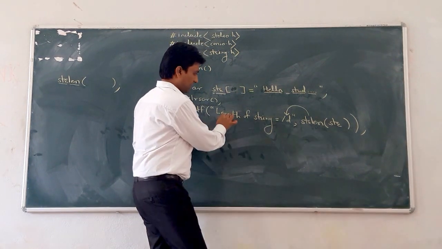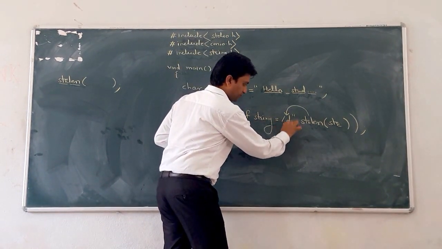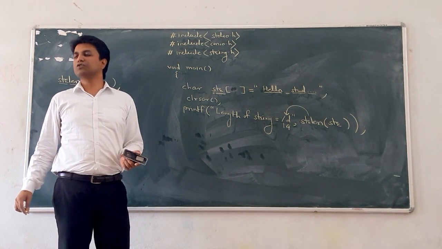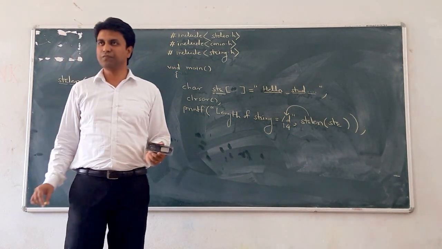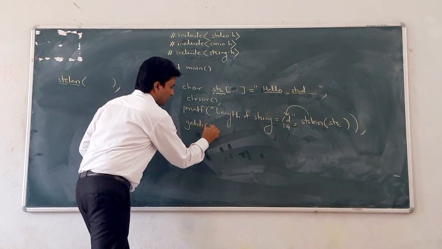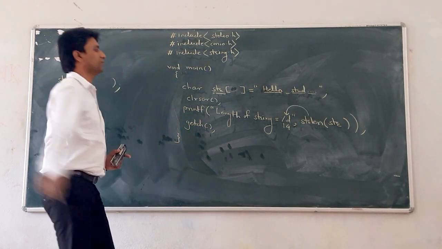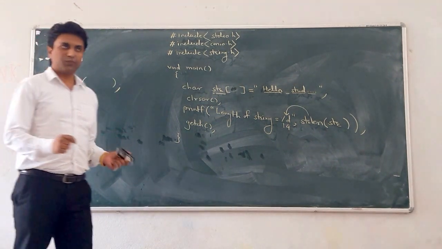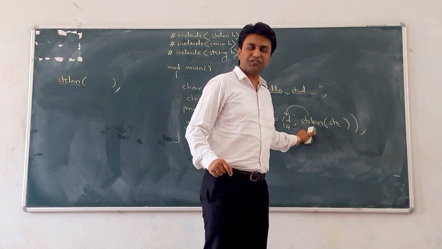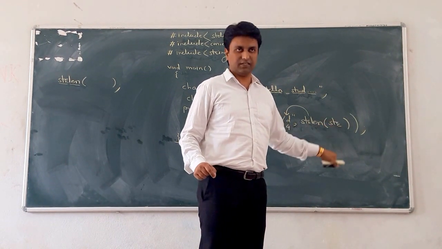So the message printed on your console or text mode window is: length of string is equal to 14. Clear? After that, getch and end of main function. So this is your first program which uses a built-in or predefined string function, that is strlen.